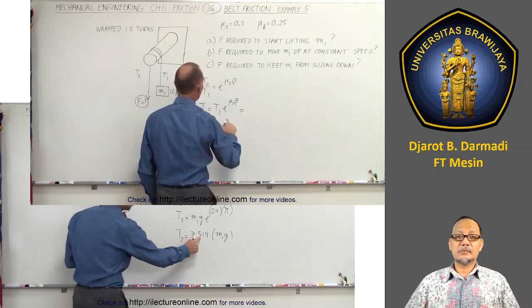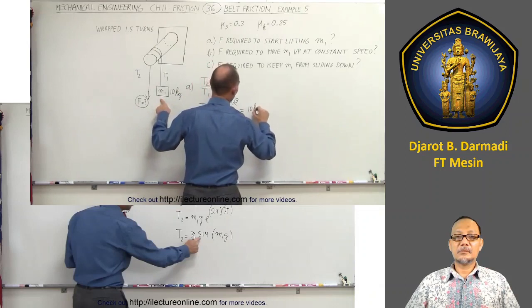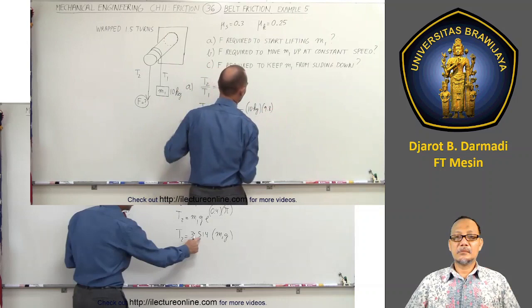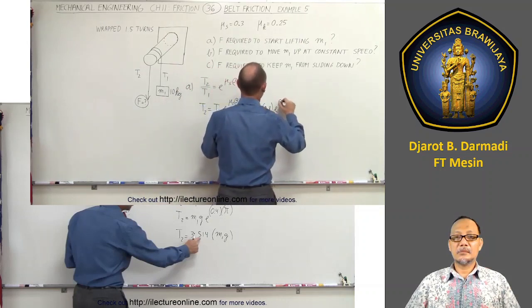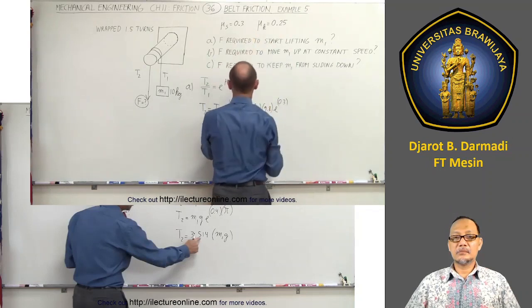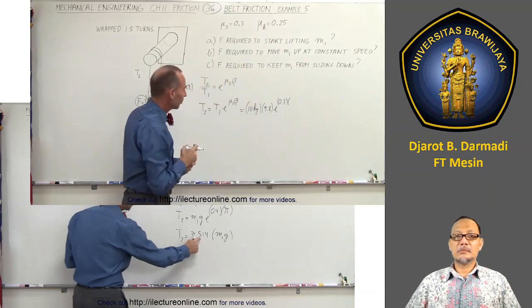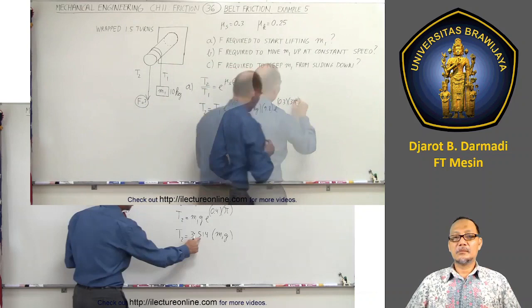T1 is going to be the weight of M1, 10 kilograms times the acceleration due to gravity, 9.8 meters per second squared. And we multiply that times e to the 0.3, because we're going to use the coefficient of static friction, times the angle, 1.5 times around the peg. That would be 3 pi radians.